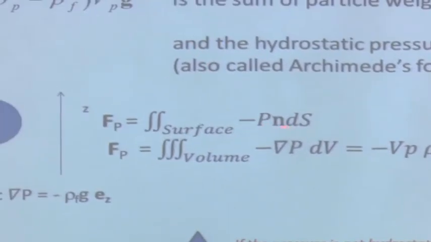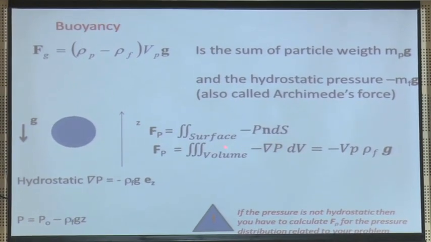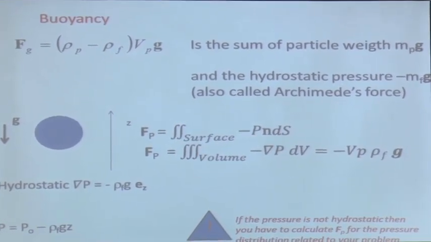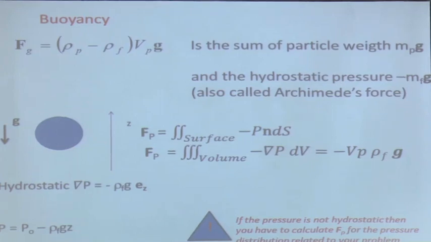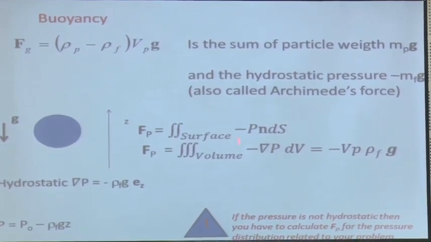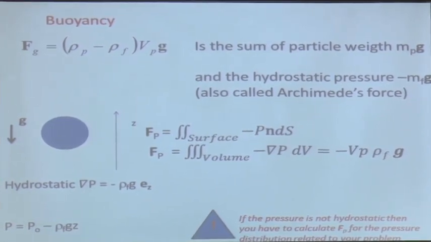So this is what you get on the slide. You have to sum up all the stress related to the pressure. So it's minus P n, because it is pressing along minus n. If you do the integral of that, there's a theorem which switches from an integral on the surface to an integral over the volume.